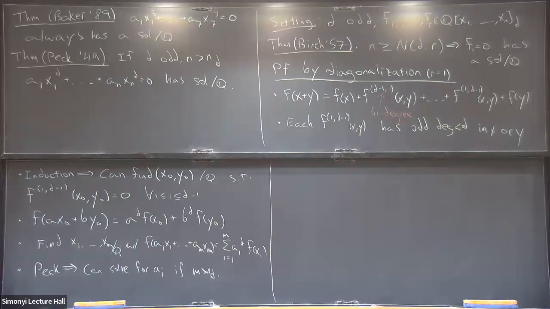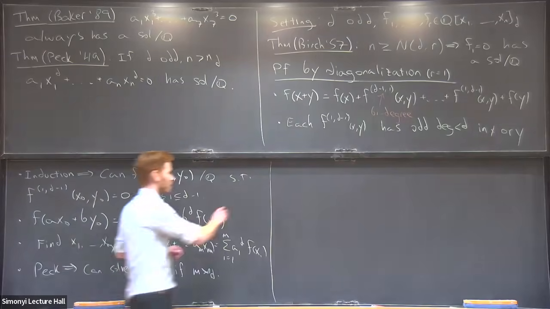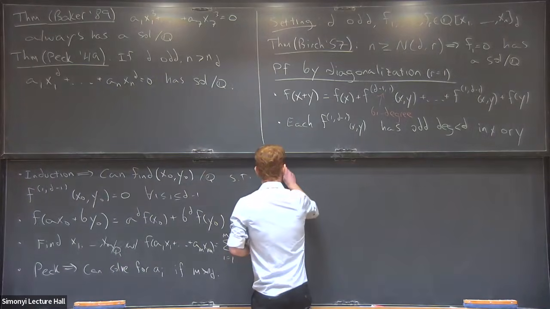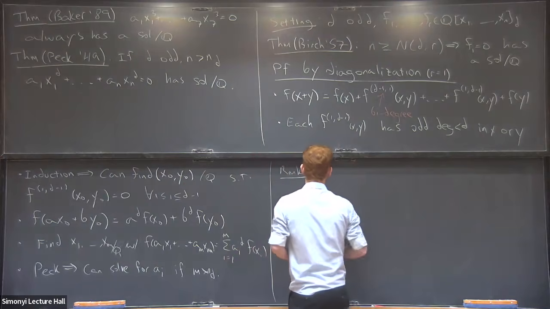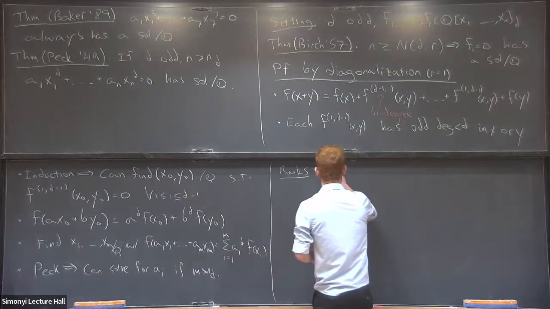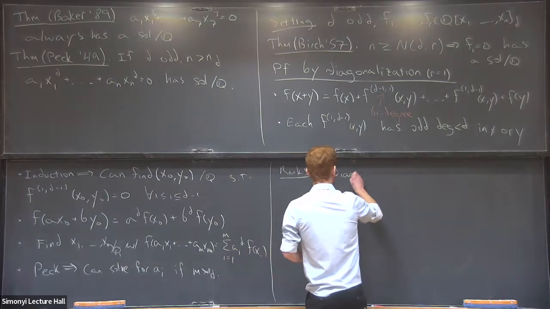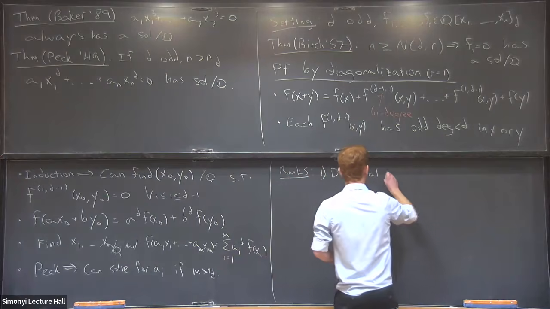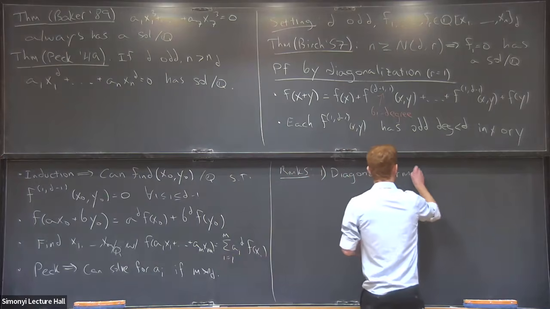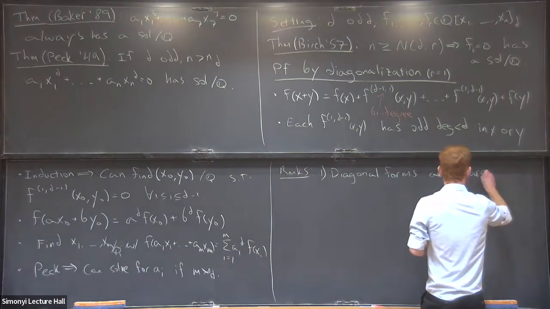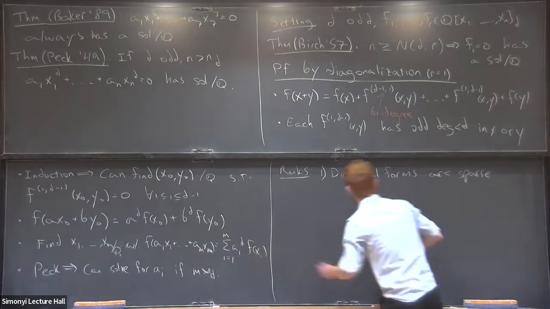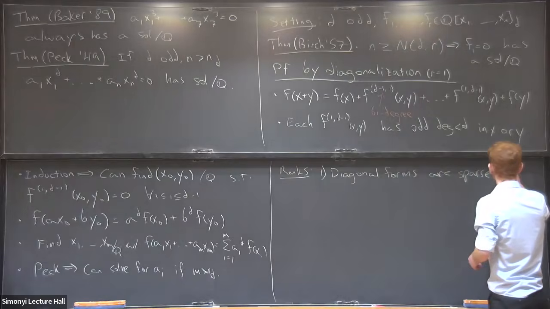so a couple of remarks about what happens here. One philosophical remark is that diagonal forms, the forms that we're using, the good ones where we can actually do something, are sparse, and that's a shame.